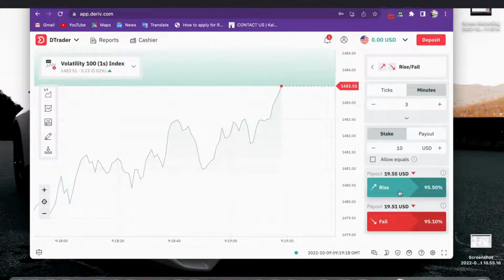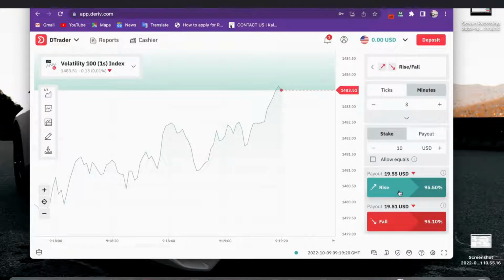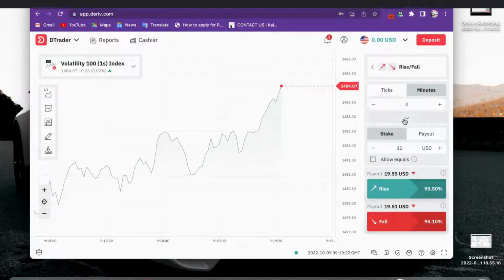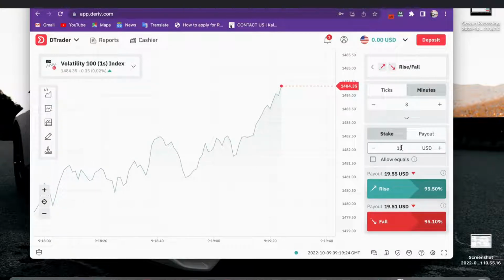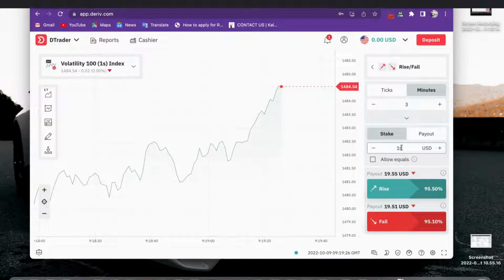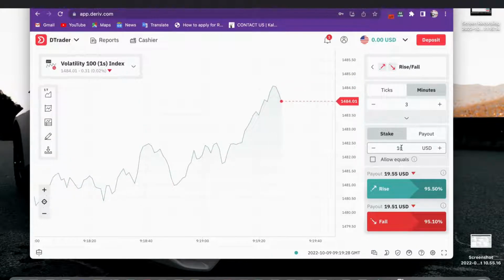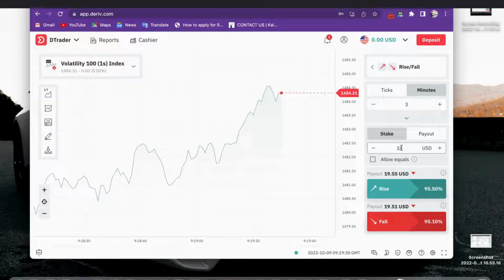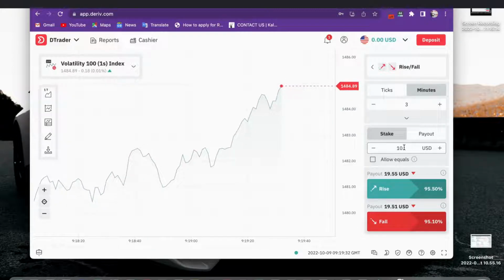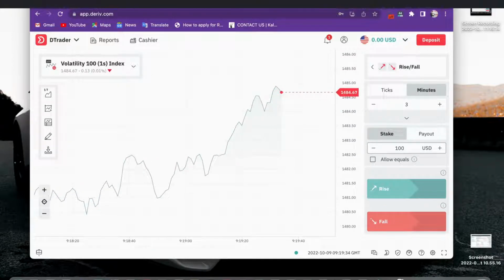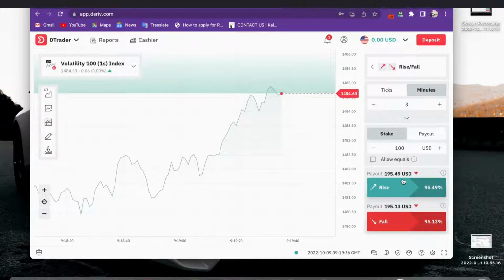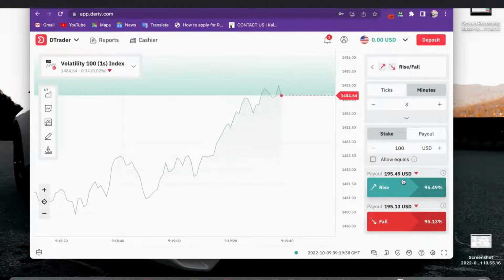After the 3 minutes which you chose here, you're going to get 95% profit from the money that you chose to trade with. If you choose $100 here, your payout will be $95 plus your $100.